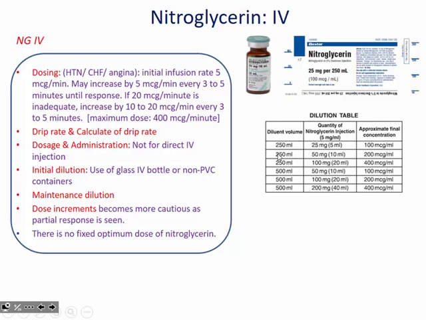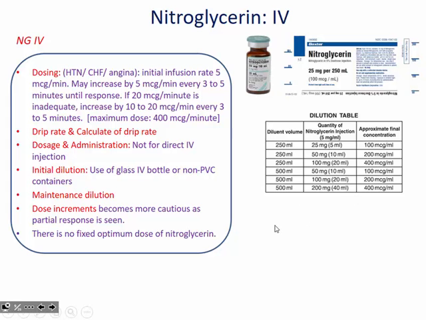And there's a way to calculate your final concentration here: what is the total volume and how much nitroglycerin from the vial you have to draw and bring it to a final concentration. So you can see that the concentration increases with the concentration of the drug in the vial.